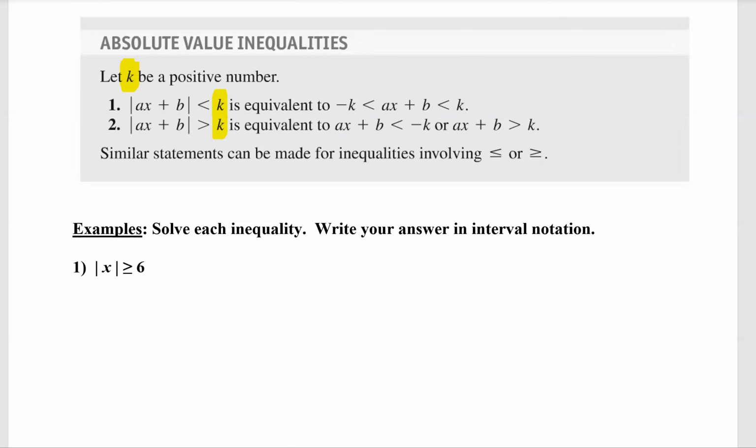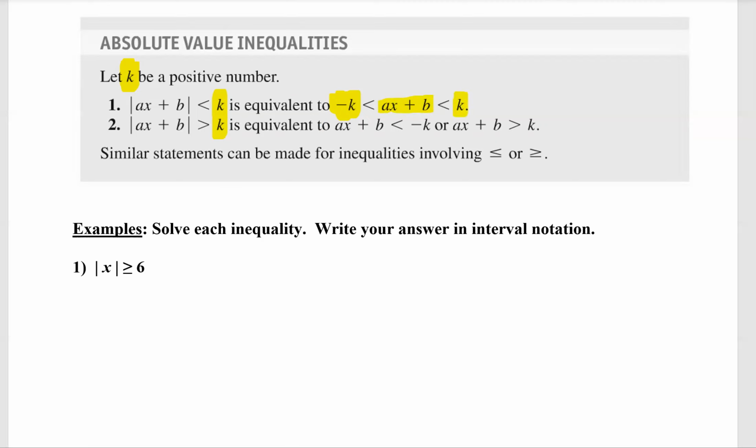If the absolute value is less than K, then we can solve it by taking the opposite of K and basically putting it in front of the inequality. So we have the negative K less than what was in the absolute value signs and then is less than K.